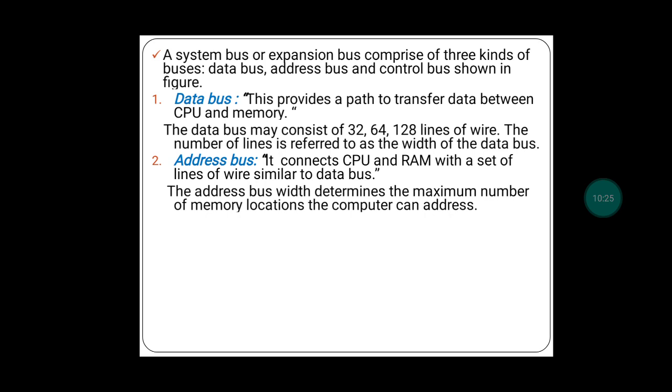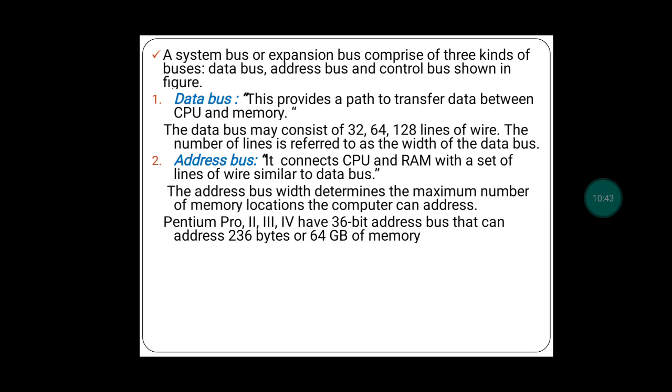The address bus width determines the maximum number of memory locations the computer can address. So say Pentium Pro, Pentium 3, Pentium 4 have a 36-bit address bus, which can address 2^36 bytes, or we can say 64 GB of memory.